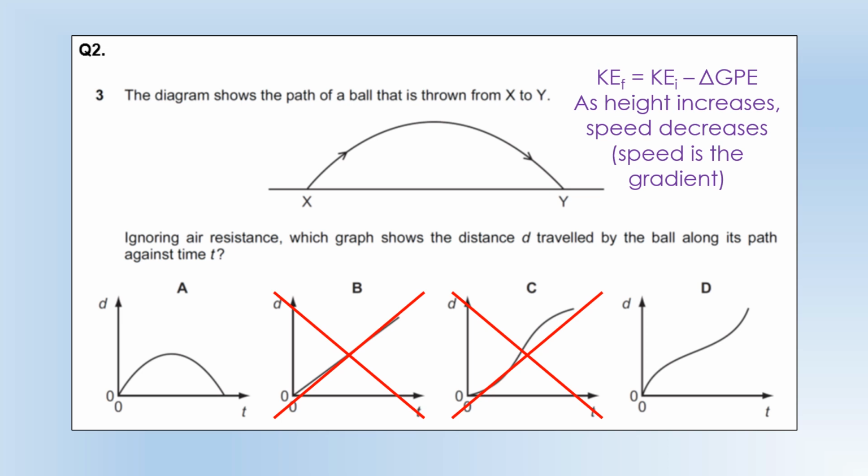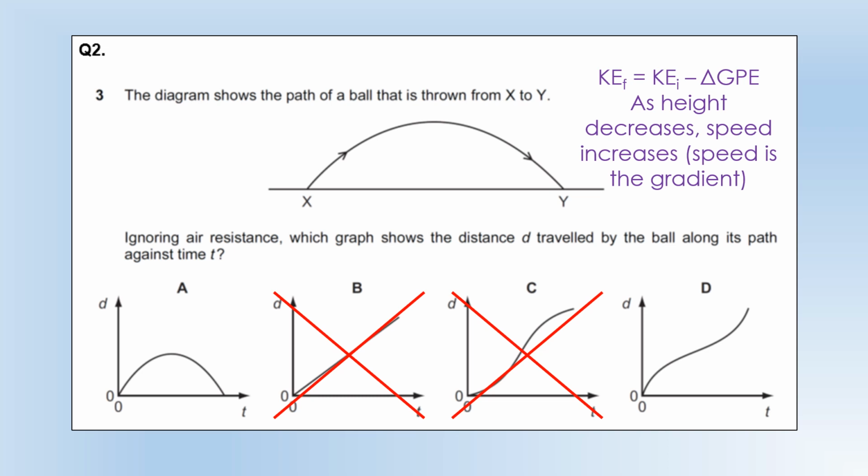So that eliminates B and C straight away because they either show the gradient is constant or the gradient increasing during the first phase. Then what we're expecting to see is on the way back down, we're starting to transfer GPE back into kinetic energy. So we're expecting to see the speed increasing, so the gradient should now increase, which gives us option D.